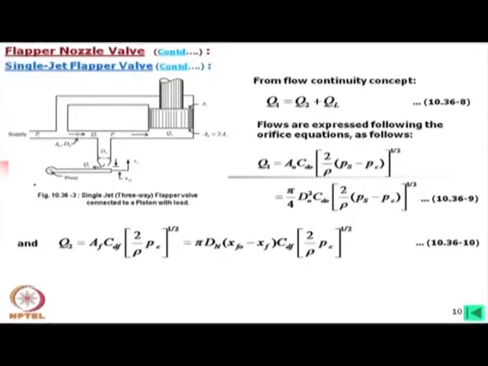Now, Q2, this flow, is equal to A_f, the area, which we should call the curtain area, and that becomes pi d_n times (x_f0 minus x_f), that is the curtain height, and C_d. The d_n diameter is actually this diameter.